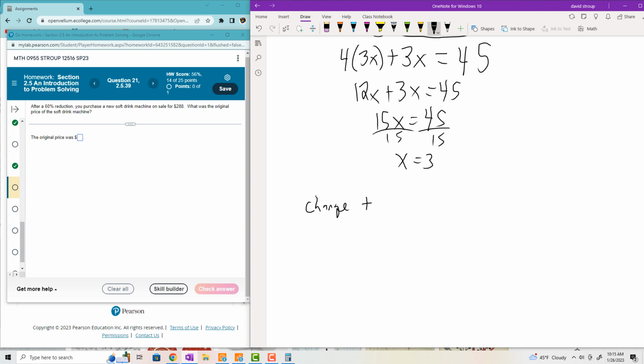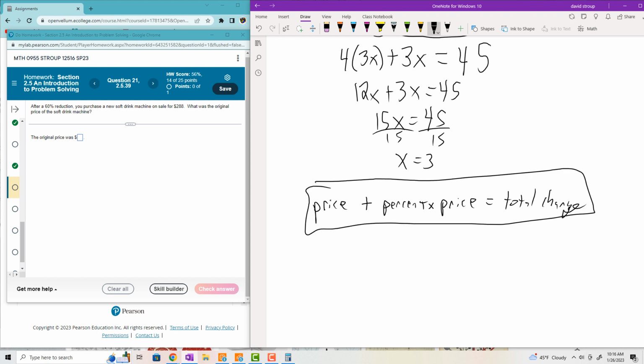To figure out the tax, it's going to be a percent times the price. So you have the price, and then there's a percent times the price, and that equals your total price, the total charge.